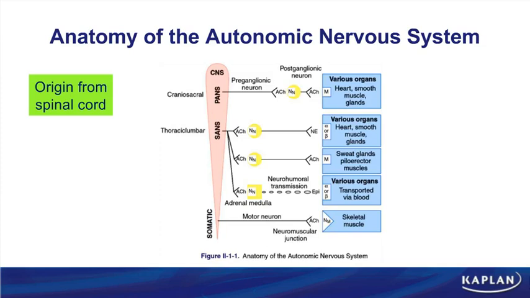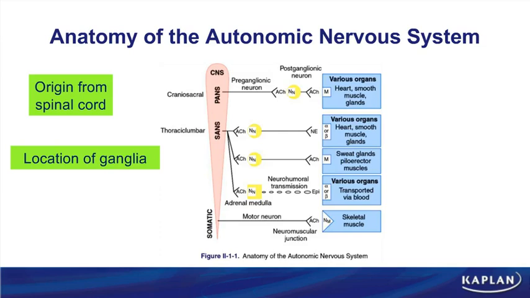Also, you should remember the location of the ganglia for these pathways. For example, if I said, where are the parasympathetic ganglia located? You should remember that those ganglia are located at or near the organ being innervated. And what that means is anatomically, you're going to have a long preganglionic fiber and a short postganglionic fiber.